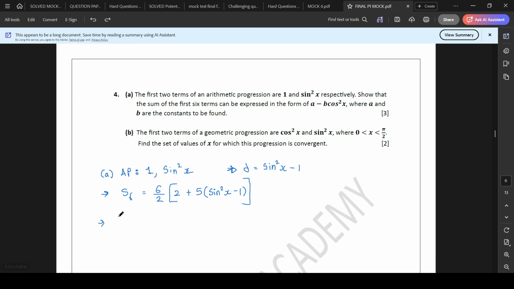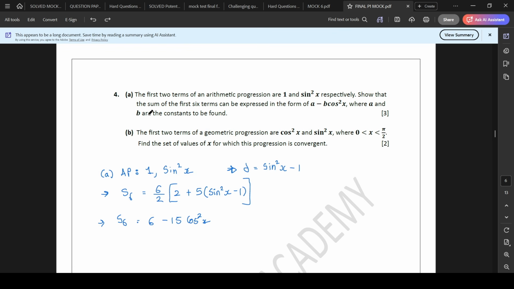I can simplify that the sum of the first 6 terms of AP is 6 by 2, which is 3. 3 times 2 is 6. Then 3 times 5. 5 3s are 15, right? 6 by 2 is 3. 3 times 5 is 15. So it will be minus 15 times cos square x. Why minus 15? Because this was minus cos square, right? So minus 5 into 3 will become minus 15, and then the cos square x as it is.